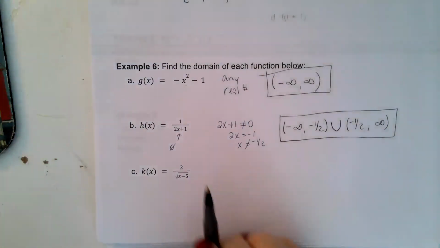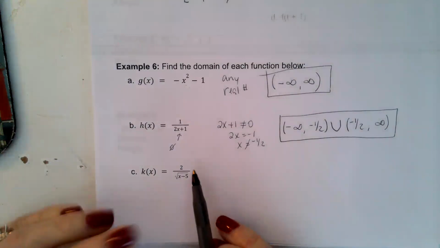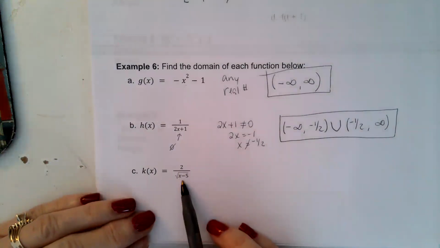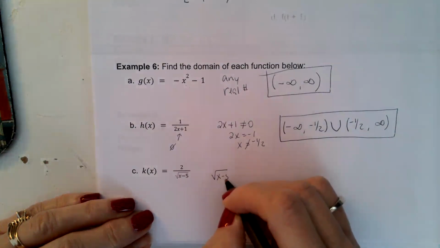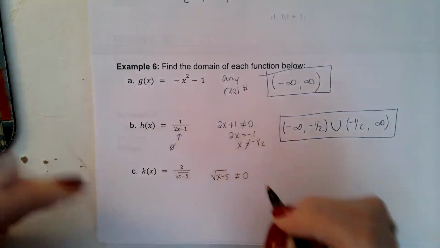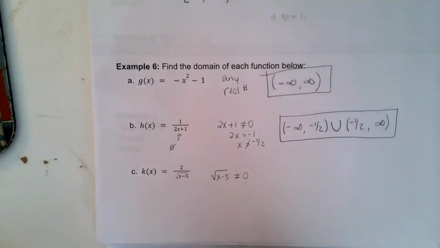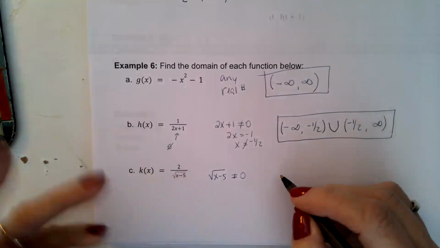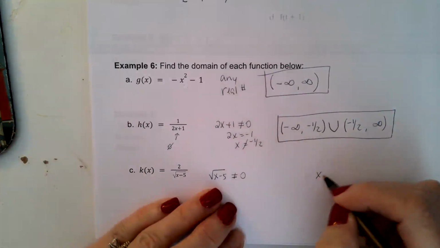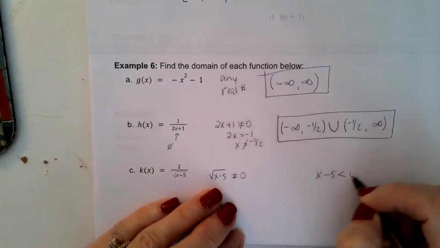Okay, letter C. We've got two things. One is we can't have the square root of x minus 5 equal 0, right? Because it's in the denominator. And then a square root itself can't be less than 0. So that means the x minus 5 can't be less than 0.